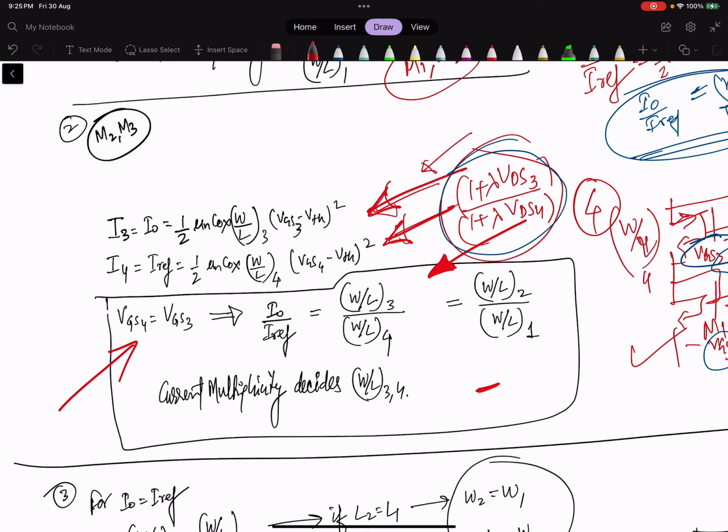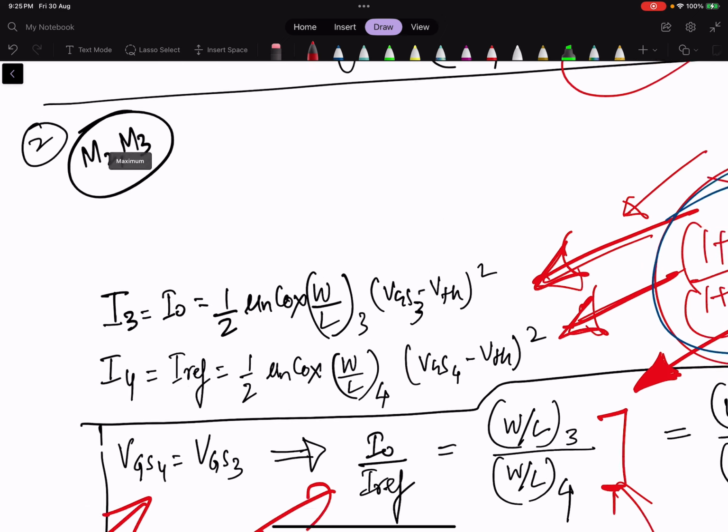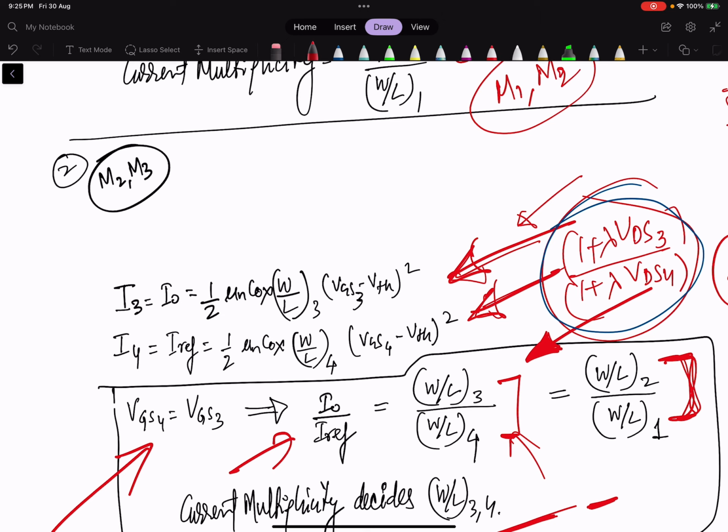Okay, so similarly as M1 and M2, we have I0 and IREF with the same VGS, so the aspect ratio will remain the same, because the current will remain the same and the ratio will remain the same. So in this way we can also design M3 and M4.